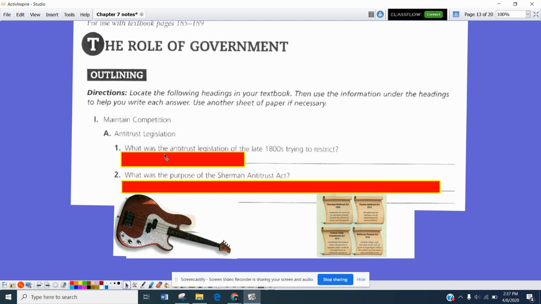And so the question here is, what was the antitrust legislation of the late 1800s trying to restrict? The big thing that they were going after was monopolies and trusts.